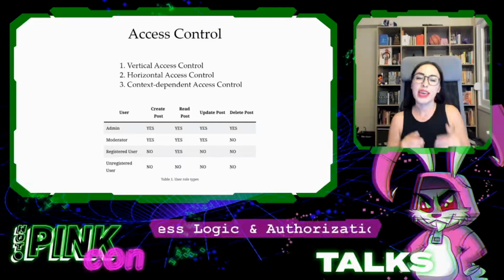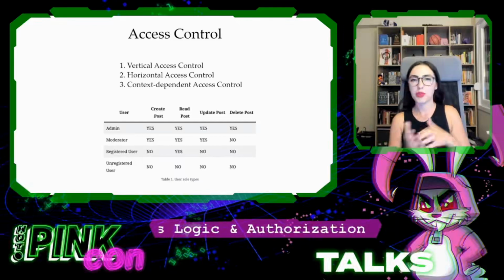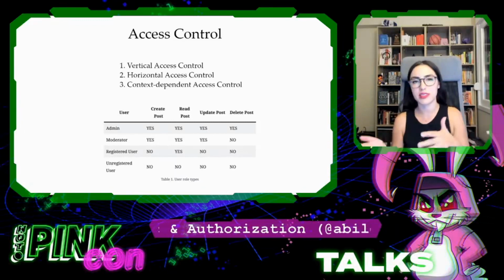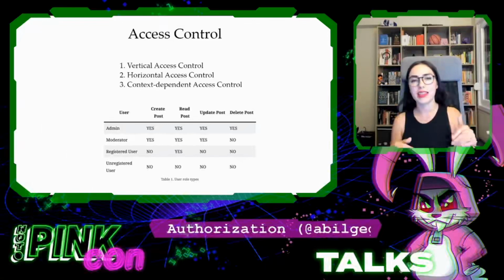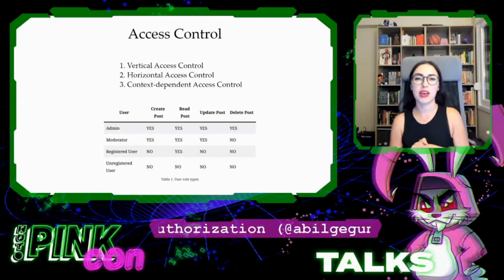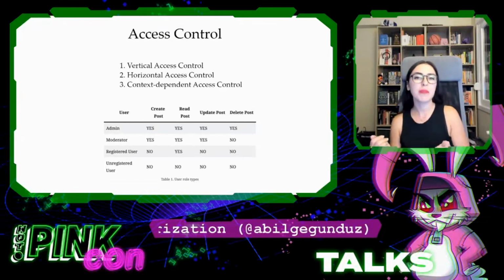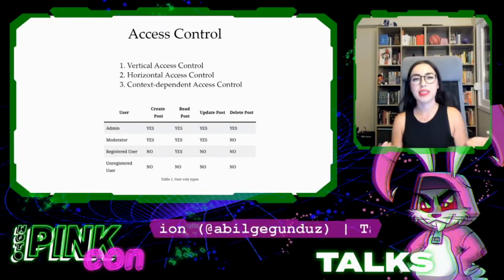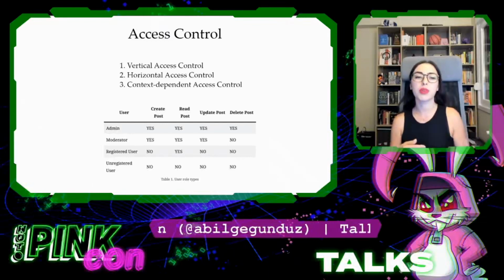User A and user B have the same role, and they can both see their own orders in the order list HTML page on the website. But if user A is able to see user B's orders, then it's a problem. It's a problem of horizontal access control.